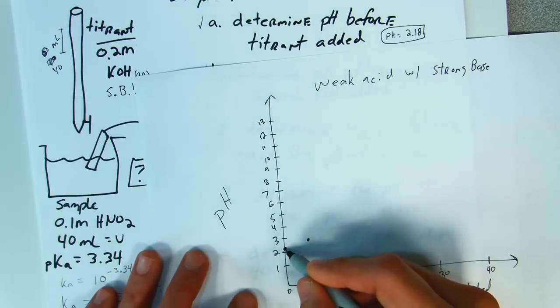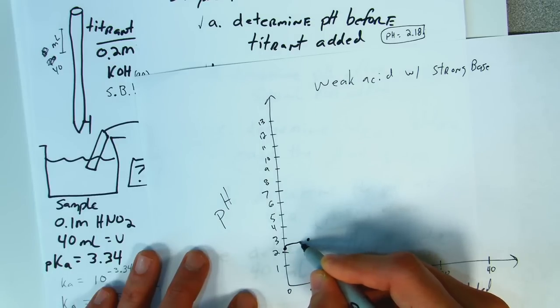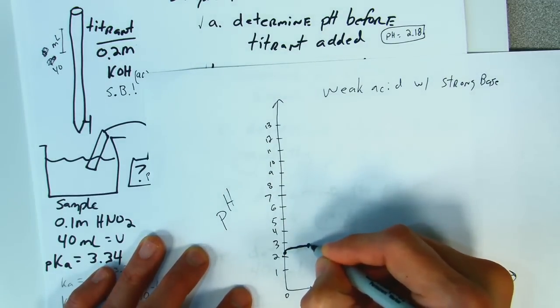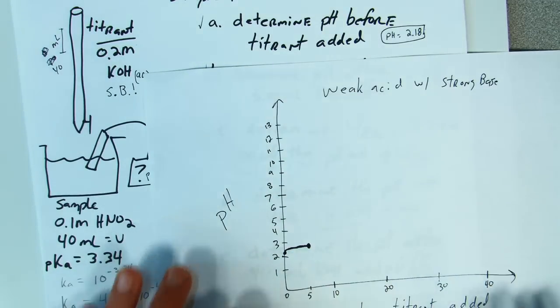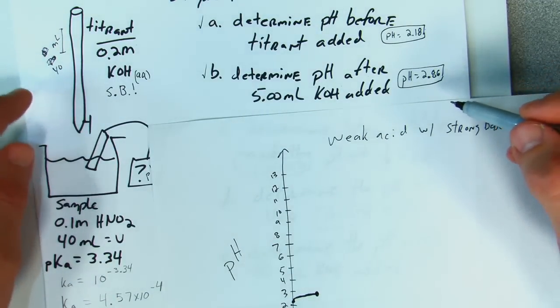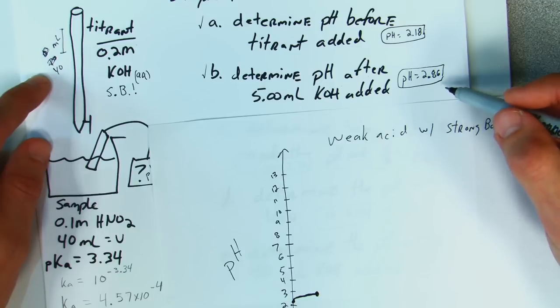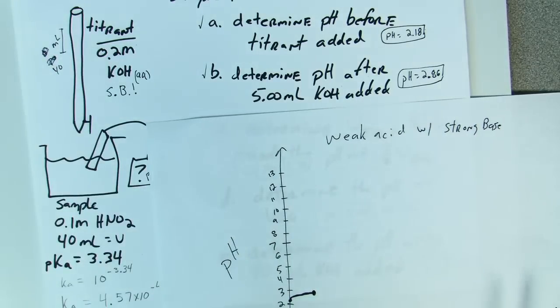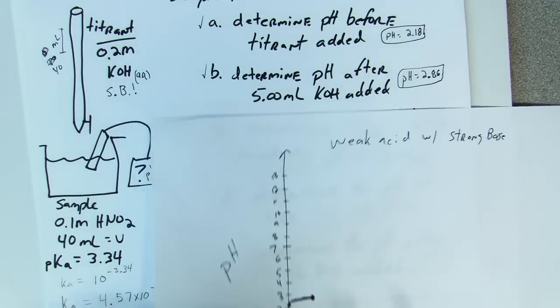So if I'm connecting the dots, I'm going to have something like this. Get to that point right there. Now, do you remember what controlled the pH there after you added a little bit of the KOH? Didn't we have a buffer form? We used Henderson-Hasselbalch. Yeah, that was that buffering region. And I'll point that out in my plot here in a second.